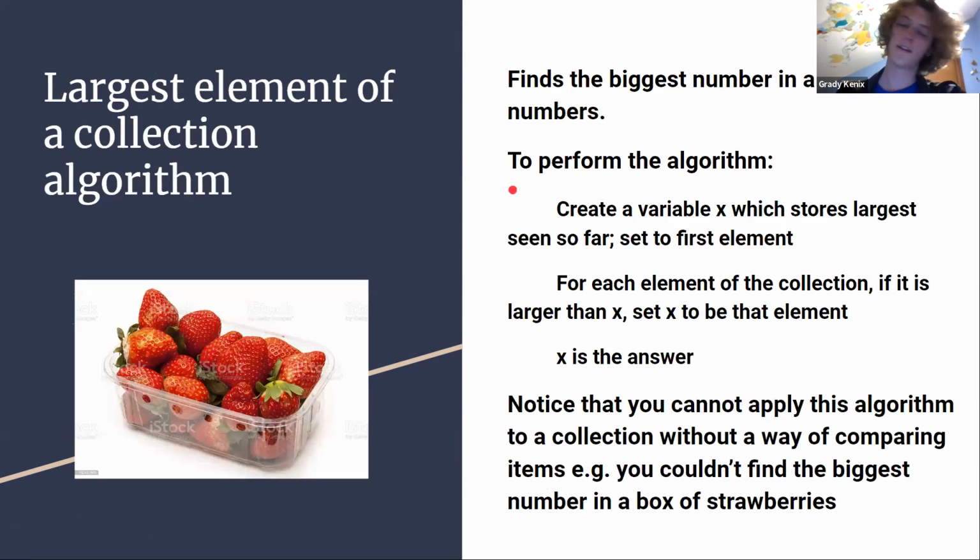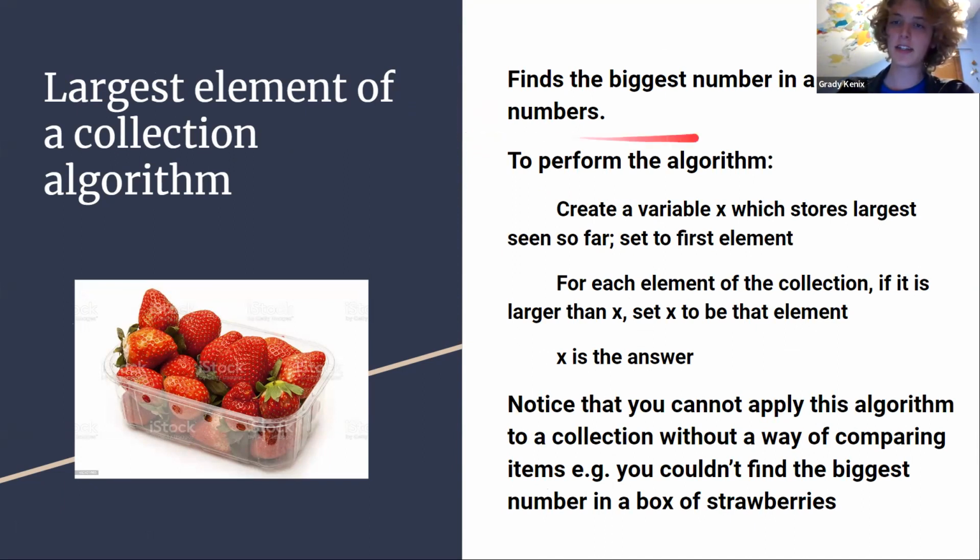Anyway, enough talk about algorithms. Let's do an actual algorithm. Say you have a collection of numbers. For example, you've got a bunch of different strawberries in a box and you want to find the weights of the different strawberries and find the heaviest strawberry.